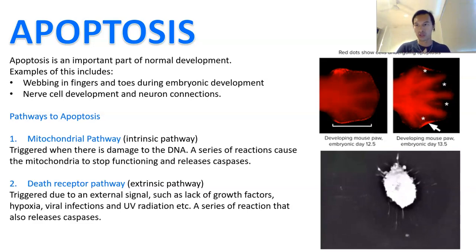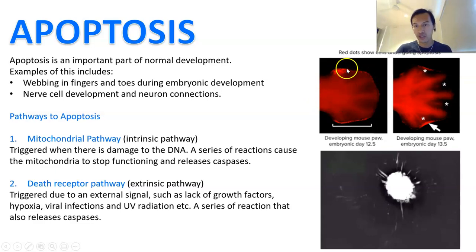Now, apoptosis is a bit of a different mindset to have, right? Why on earth would a cell program itself to die? Well, it turns out that apoptosis is an important part of normal development, right? An example of apoptosis serving normal development is found in webbing. Here is the development of a mouse embryo. You can see this is the mouse paw, and you can see the digits there.